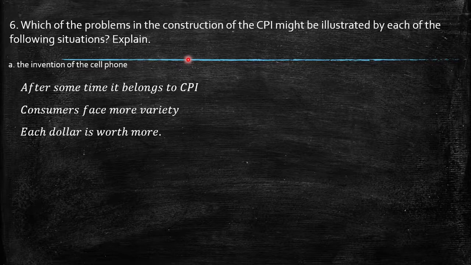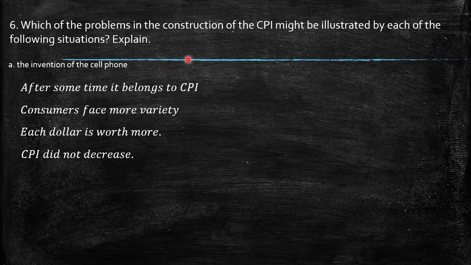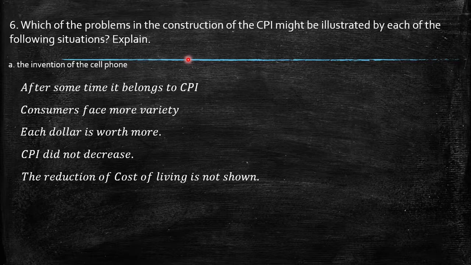Remember, when there is more variety, each dollar is worth more because you have several possibilities to spend it. In that case, the CPI didn't decrease because of these new products, so it's difficult to measure this.